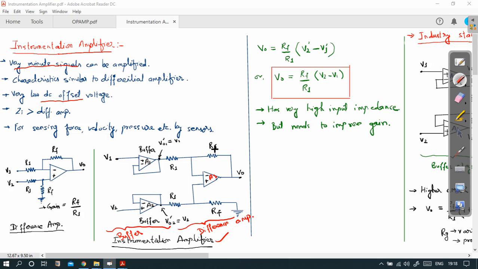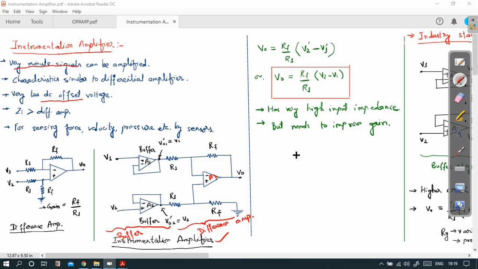This is the feedback resistance RF, this is R1, this is R1, this is again feedback resistance, and at the input of this R1 and R1, two buffers are added, and the input signals are provided into these buffers, V1 to this A1 buffer and V2 to this A2 buffer, simple.